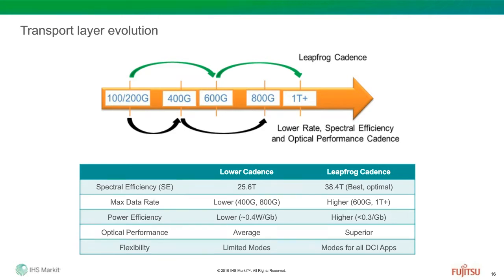This cadence is built for flexibility, as it offers a number of modes and bandwidth variability in the true sense. So a solution based on this cadence can be used across a wide variety of DCI applications. So basically, while the other cadence is offering limited and incremental improvements, the leapfrog cadence is always a step ahead of that with better specs and performance.